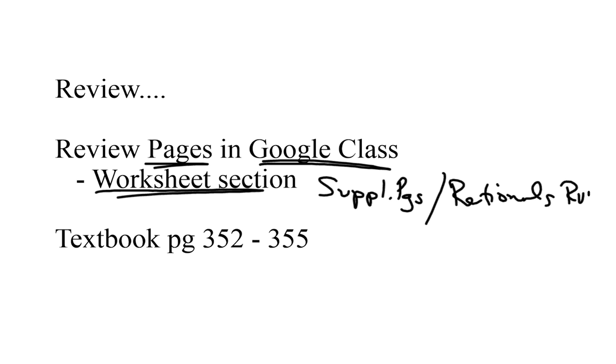Those are great review documents. Answers are supplied. The textbook, pages 352 to 355, also has some great work in there. Don't review the stuff that you know. Look for the things you're struggling with. Give those a try. There you go.